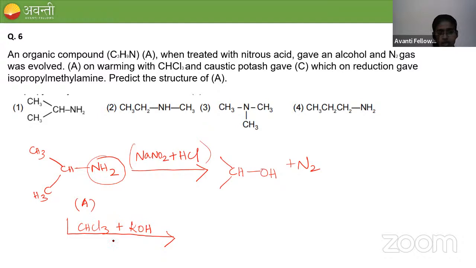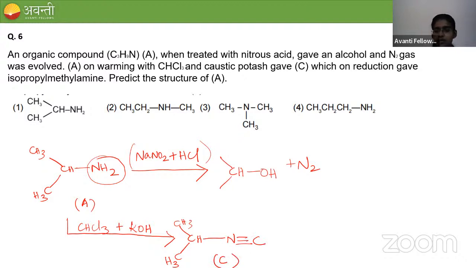The name of this reaction is the carbylamine reaction, right? So chloroform with KOH on a primary amine gives an isocyanide. So we get an isocyanide, NC, and this is compound C.